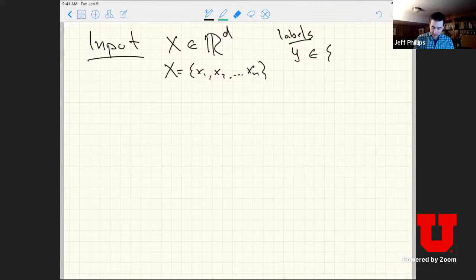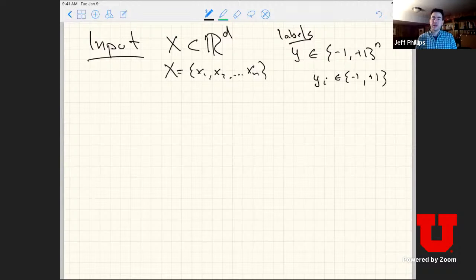These labels are going to be elements of {-1, +1}. Sometimes this is written as 0 or 1, right? But it's going to be a binary set. There are going to be 2 classes here. So each yi is going to be either -1 or +1. Okay, there are 2 classes.